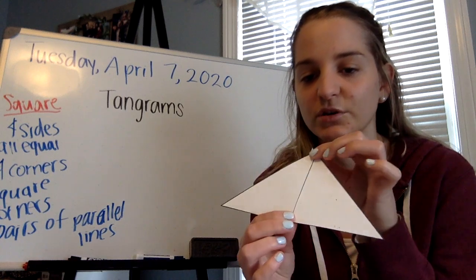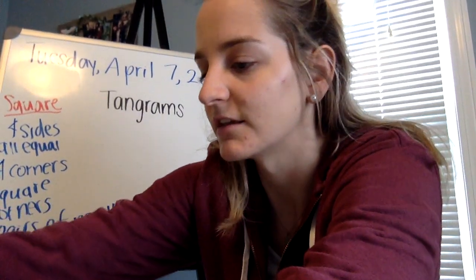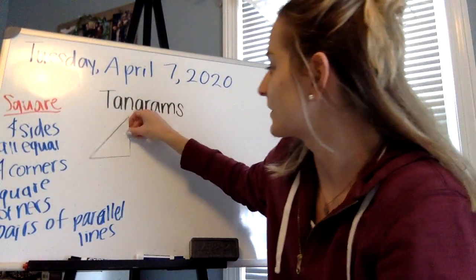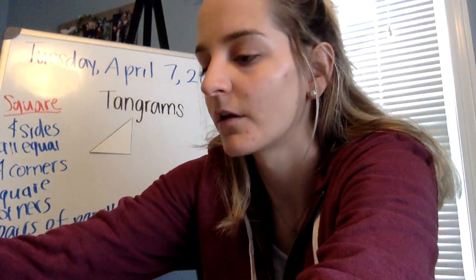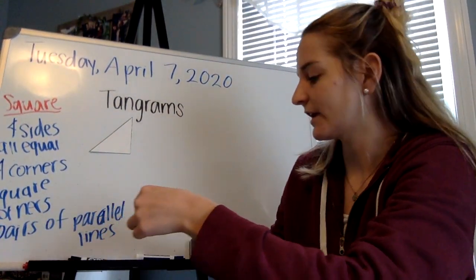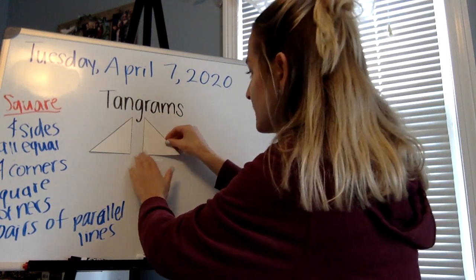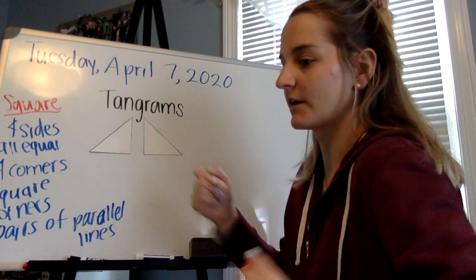But you can also put shapes together to make different shapes. I'm going to put these 2 up here, okay, because we identified these 2. We know that these 2 are triangles. And I'm going to put it this way, okay? So these are triangles. I'm going to write it down.